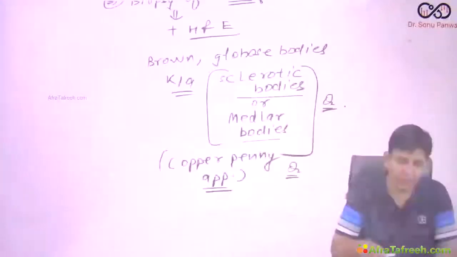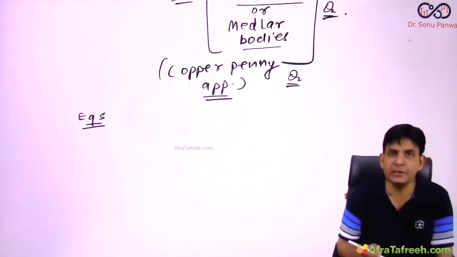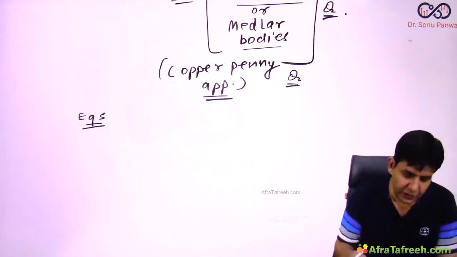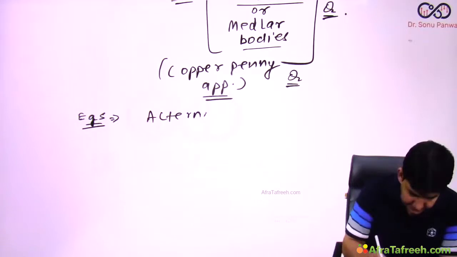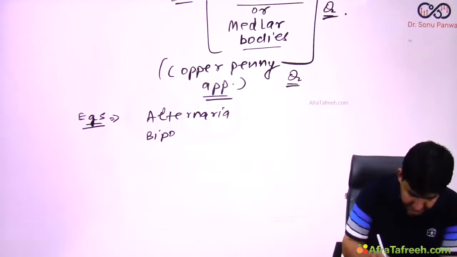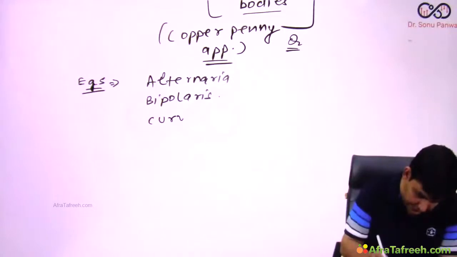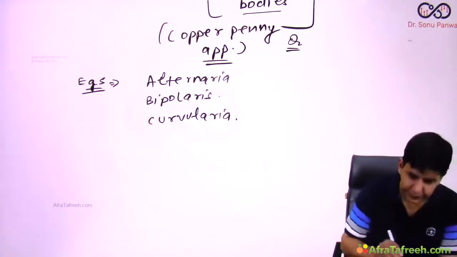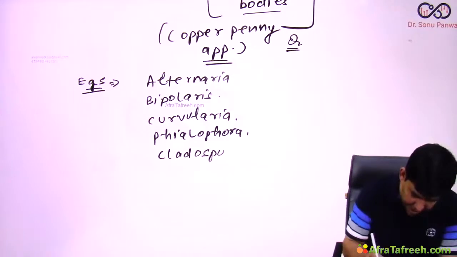A definite question. Now coming to the examples of it, the various chromoblastomycosis examples are Alternaria, Bipolaris, Curvularia, Phialophora, Cladosporium, Exophiala.